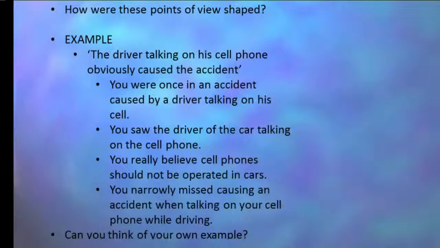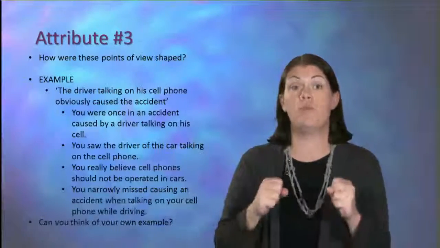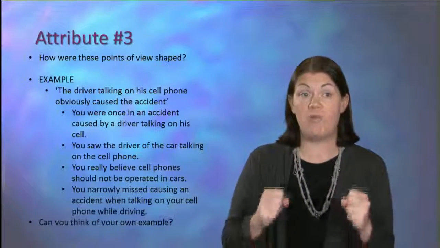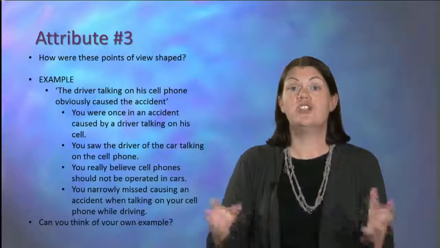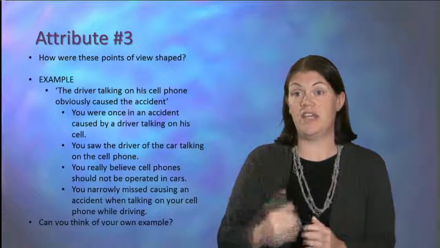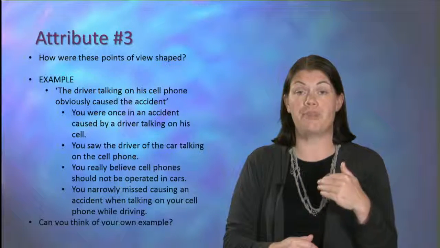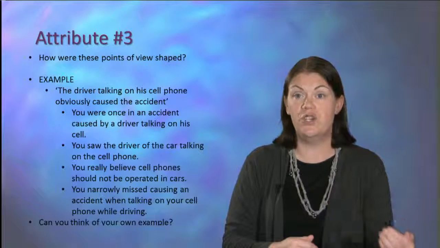Maybe you saw the driver of the car talking on the cell phone. You really believe all cell phones should not be operated in cars. And again, you narrowly missed causing an accident when talking on your cell phone while driving. Those are all outside factors that can influence and shape your point of view. Okay. So that is another thing that can attribute to your point of view.